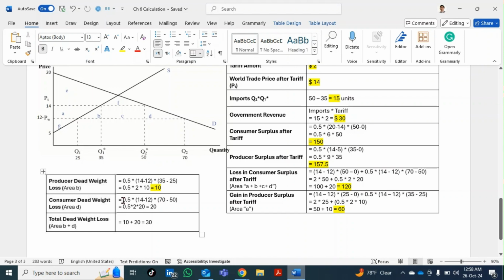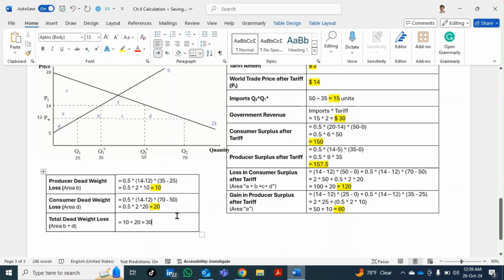So 0.5 multiplied by the difference between the price, 14 minus 12, and multiplied by the quantity, 70 minus 50. So 0.5 multiplied by 2, that is our tariff, multiplied by 20, that is the difference between quantity. So the answer is 20. That is the deadweight loss for the consumer.